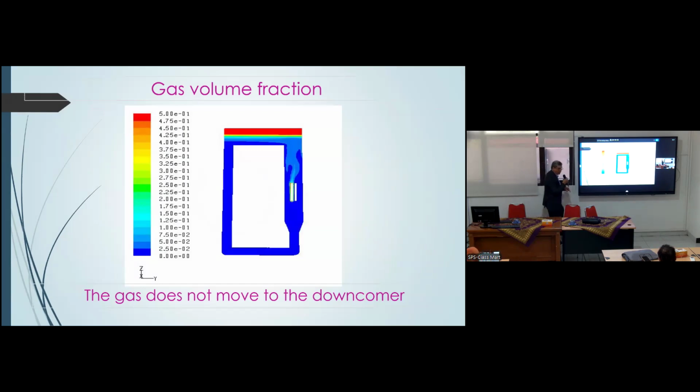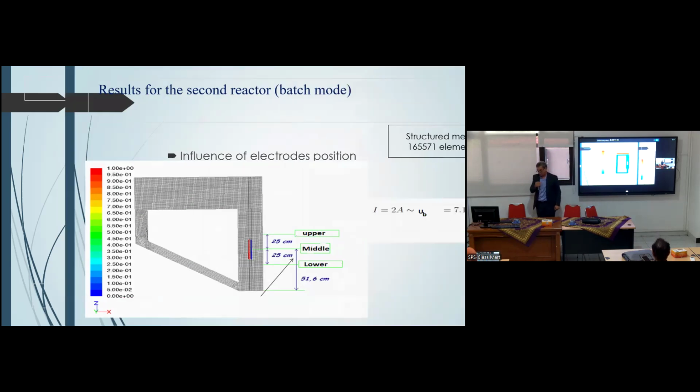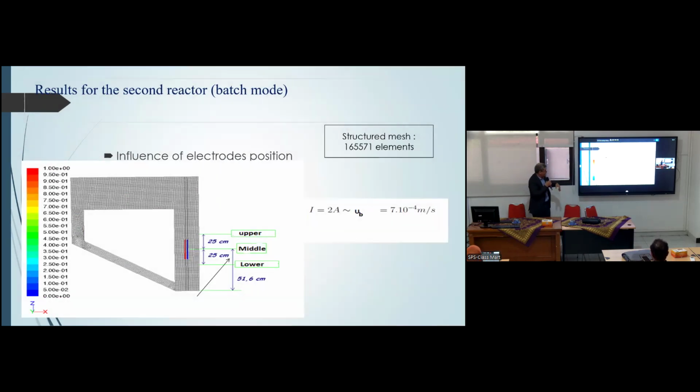You have an idea about the production of hydrogen. The liquid is stable here, for example, because the blue is 0. The red one is the gas. This is the presence of gas. That's why we have another configuration.